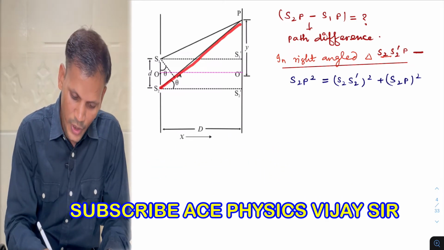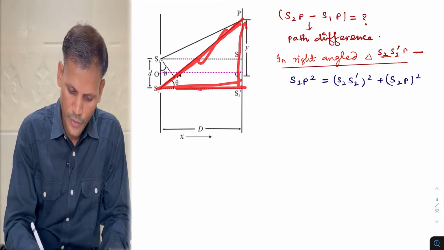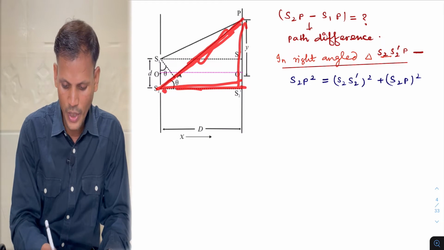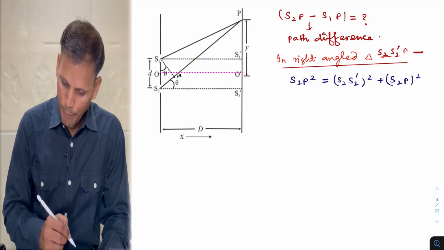I have to calculate S2p, so in this triangle this is the hypotenuse.